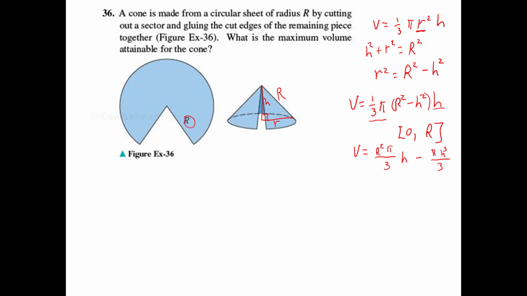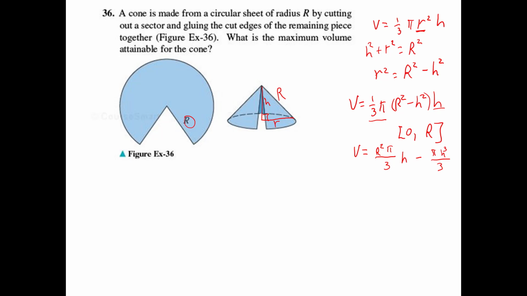Right? So when we distribute this in, we'll have the R squared pi over 3 times h, but then we also have to distribute that minus. We distribute the 1/3 pi, you'll get h squared over 3 times pi, but then you bring in the h, you get h cubed. Okay, so that looks right.